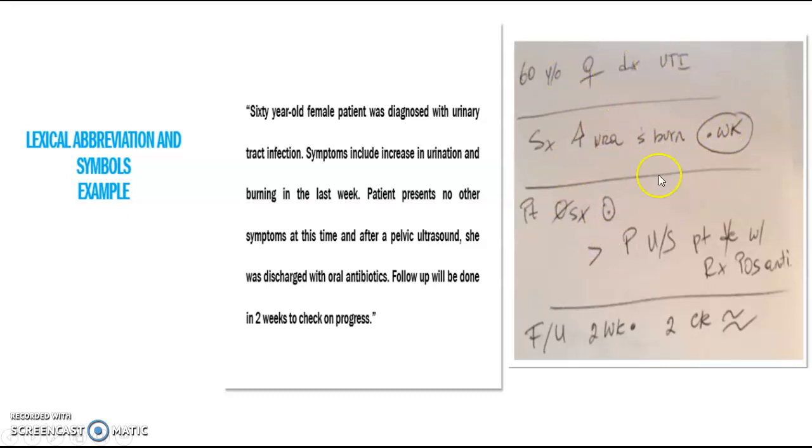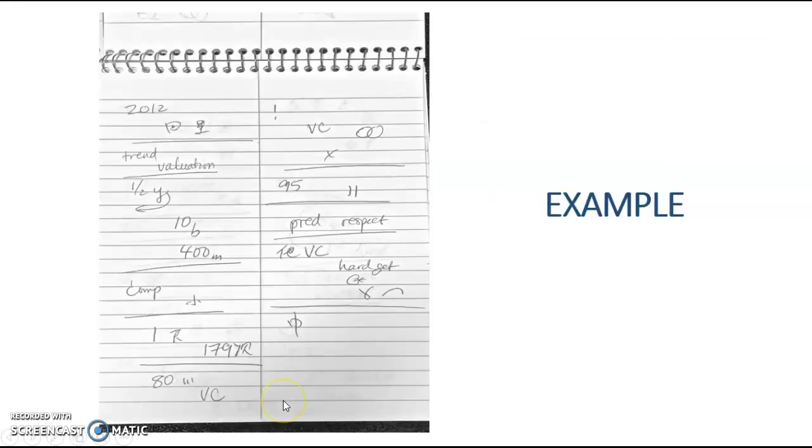As you can see, we use a lot of symbols. We are using just one side of the page, and pay attention here, the person is writing down lines because each one of these lines represents an idea. This is the way when you have to separate the different ideas of the message.